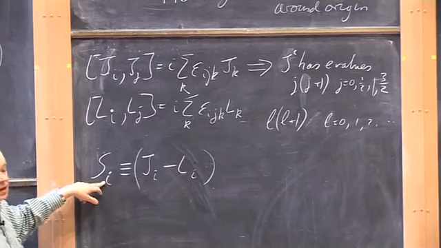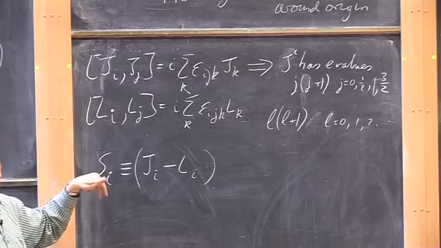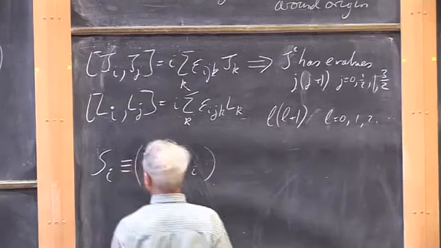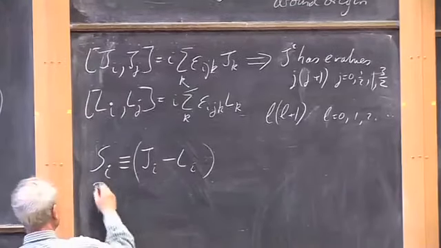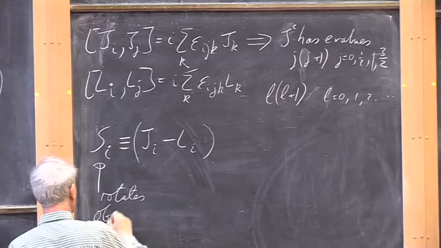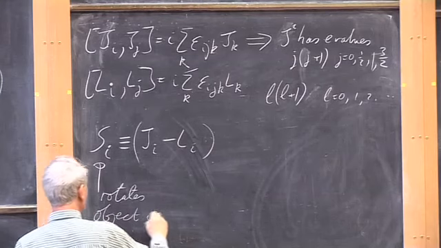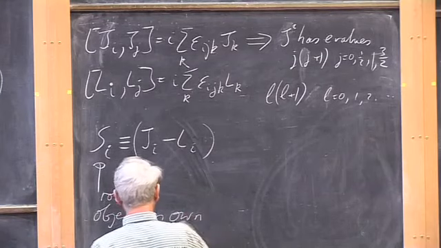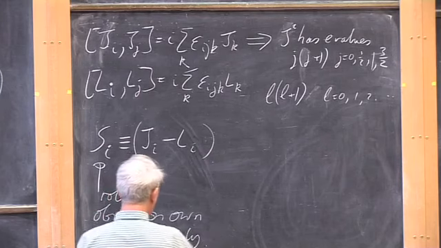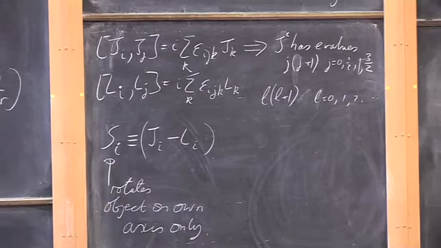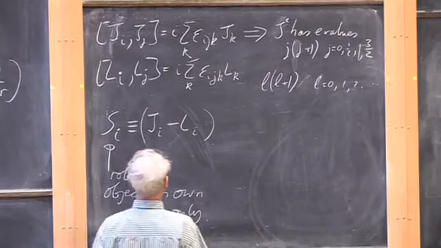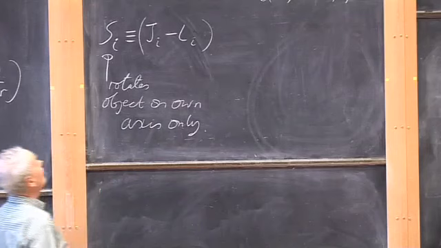So this is going to only rotate it on its own axis. It's not going to move it. It's only going to rotate it. That's what we expect to happen, but we'll have to be guided to some extent by the mathematics.